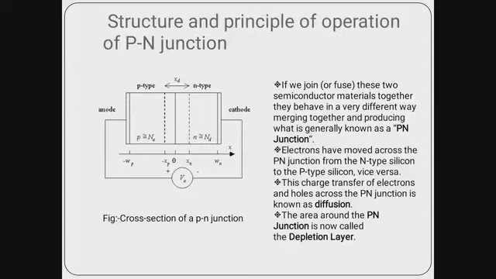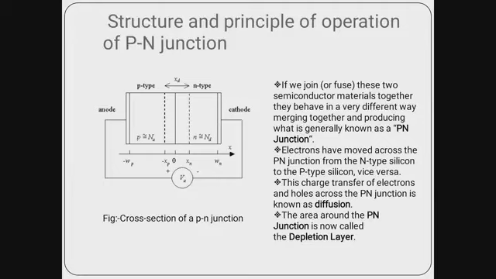First, I want to discuss the basic structure and the operating principle of PN diode. So in this diagram we have seen that if you want to form a PN diode, you have to choose two kinds of material.